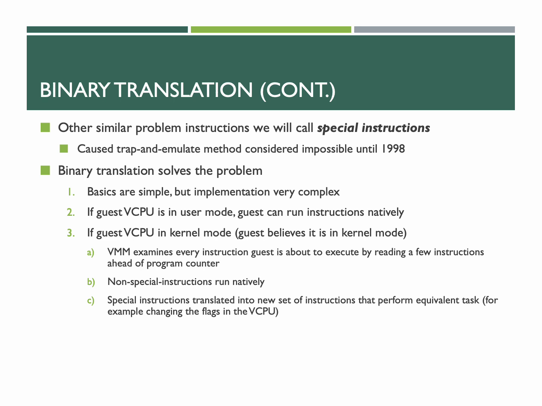Special instructions are translated into a new set of instructions that perform an equivalent task but in a manner controlled and safe for the virtual environment. For instance, an instruction that directly manipulates hardware state is translated into an equivalent that instead updates the state within the vCPU.